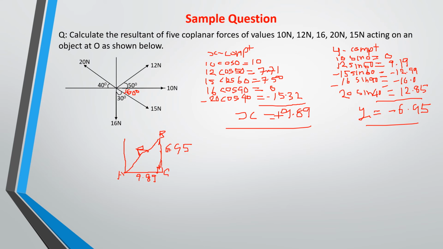You can find your resultant using the Pythagoras theorem. So using the Pythagoras theorem, you're going to have R squared equals 9.89 squared plus 6.95 squared.